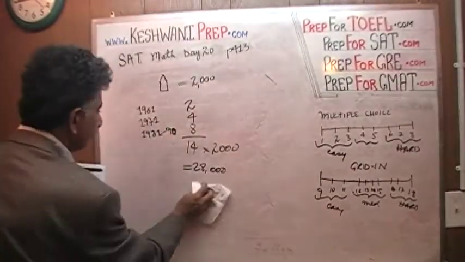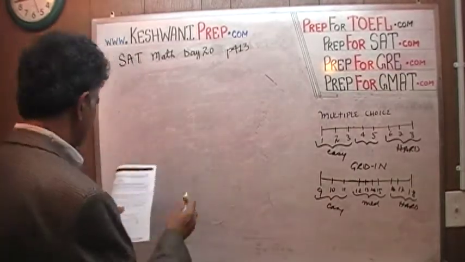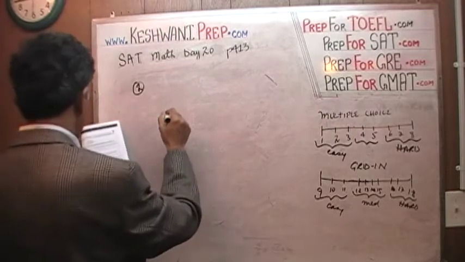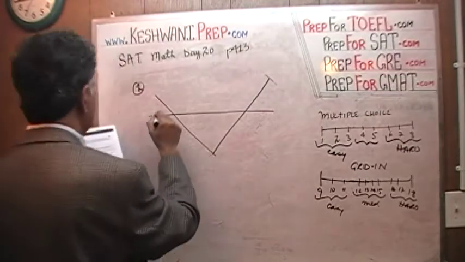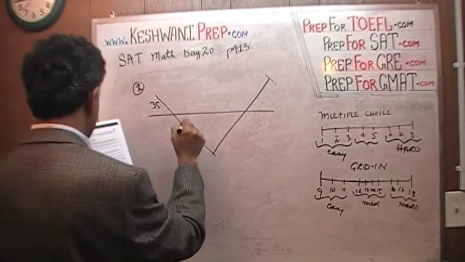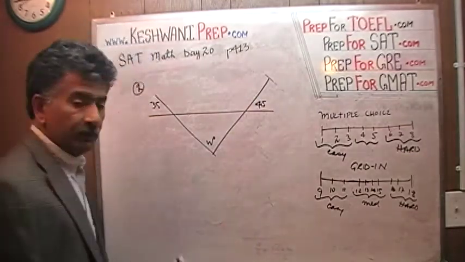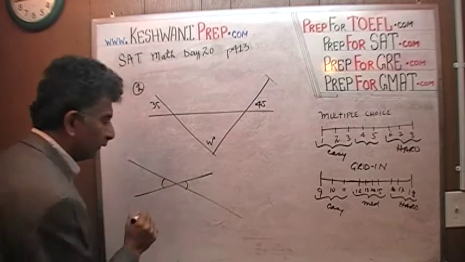Number 2. We are told that this is 35, this is W, and this is 45. Well, we know that when two lines intersect, the opposite angles are equal. You should know that.